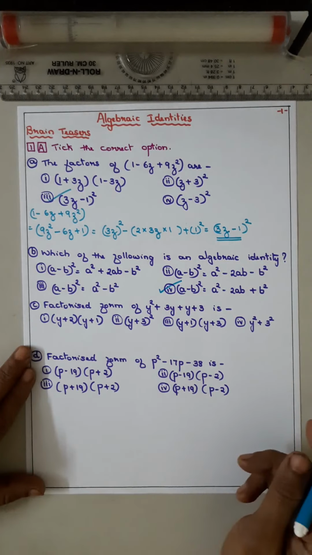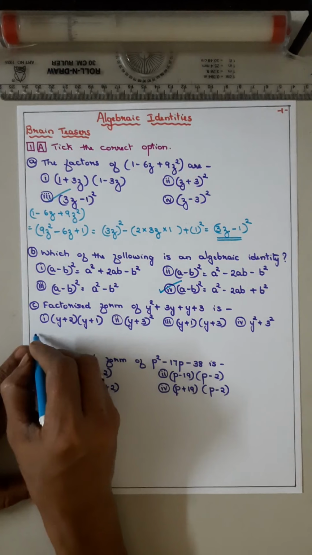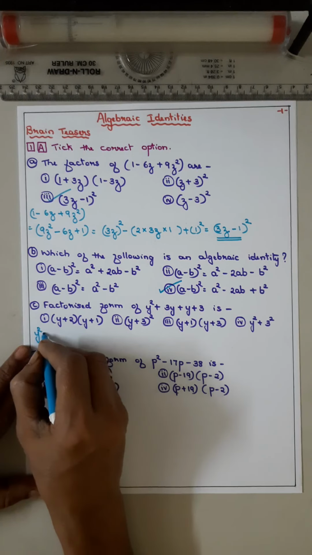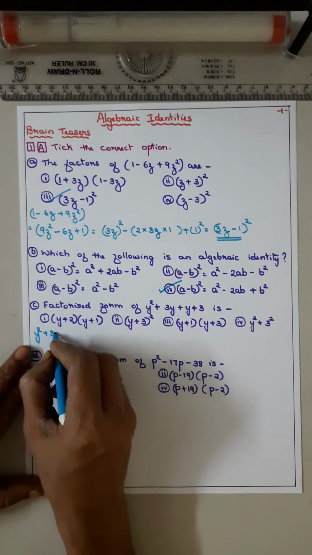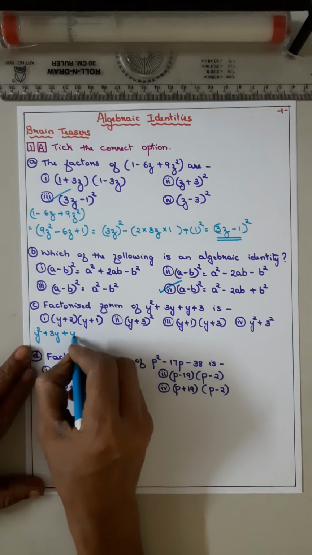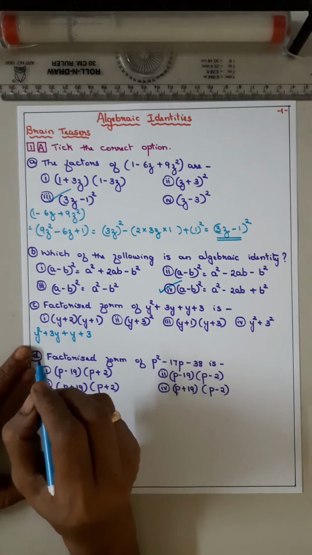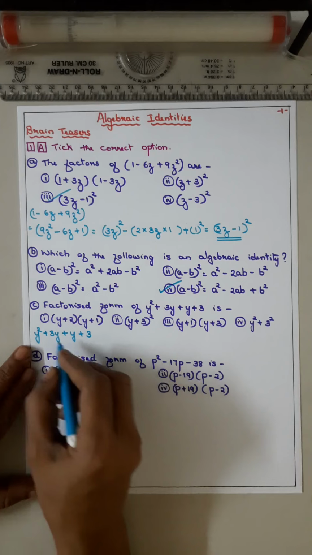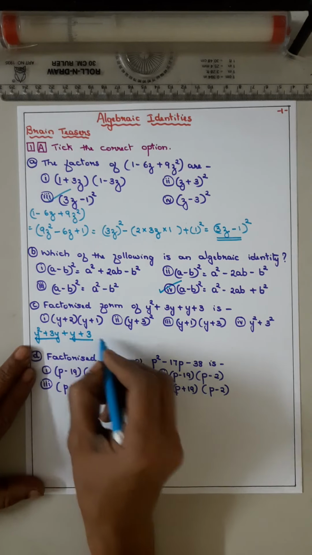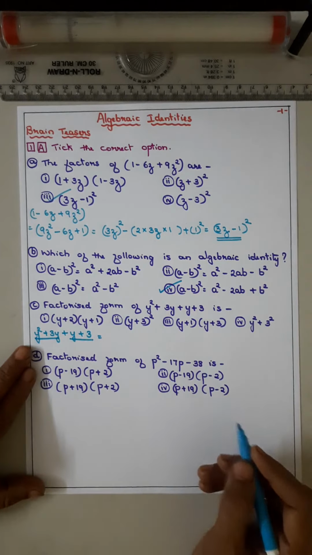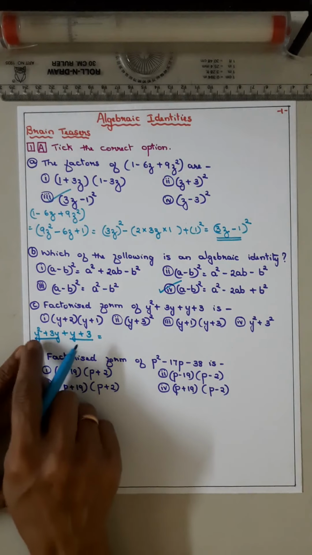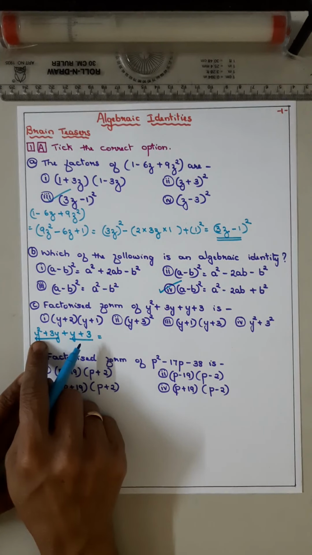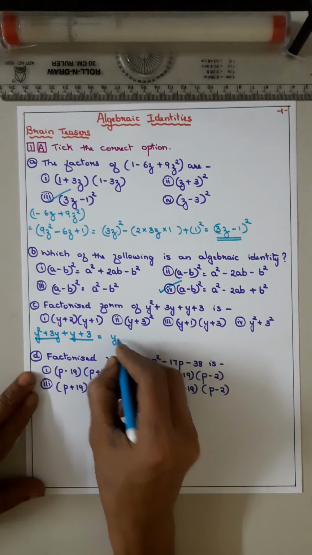Now factorized form of, the question is y squared plus 3y plus y plus 3. Isn't it? So underline and take out the common terms.